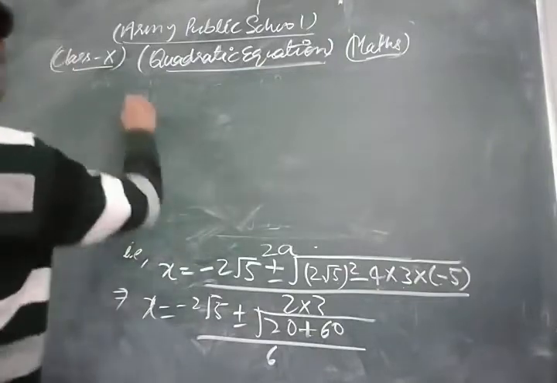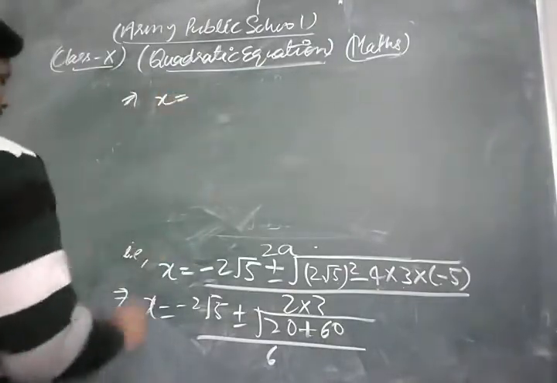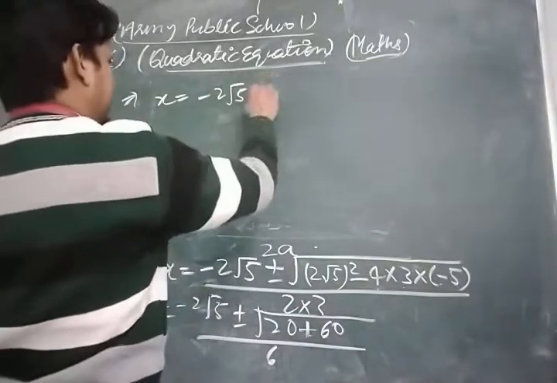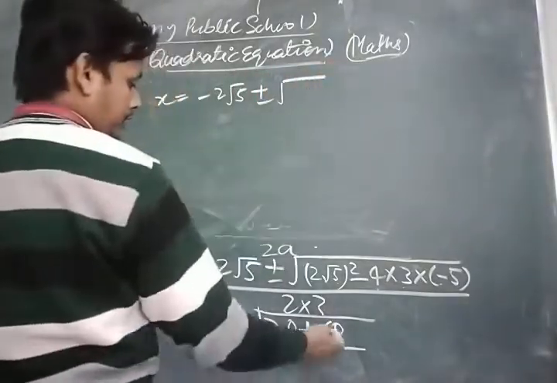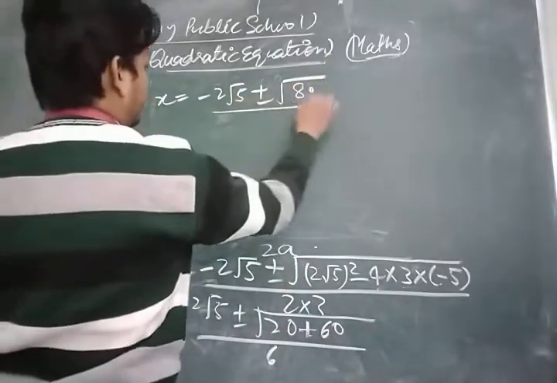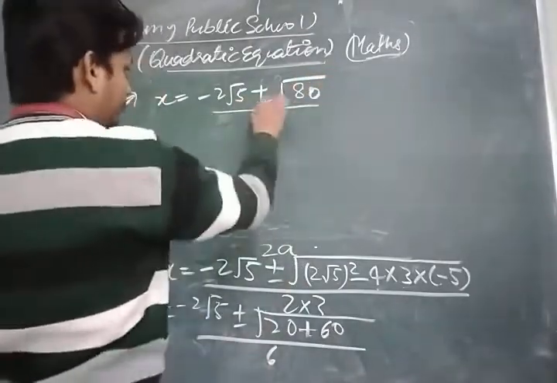Now we simplify them. This is minus 2 root 5 plus minus under root 60 plus 20, that is 80, upon 6.